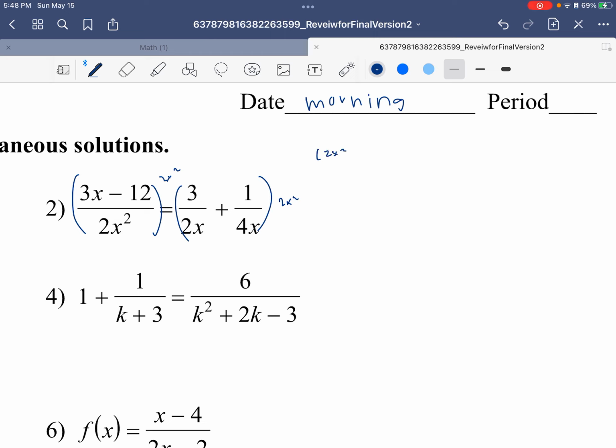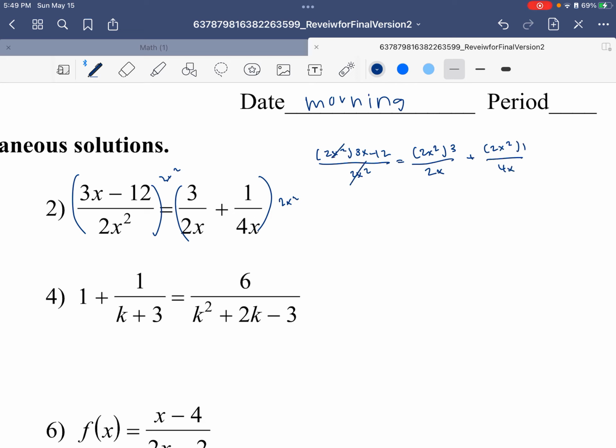So 2x squared times (3x minus 12) over 2x squared equals 2x squared times 3 over 2x plus 2x squared times 1 over 4x.